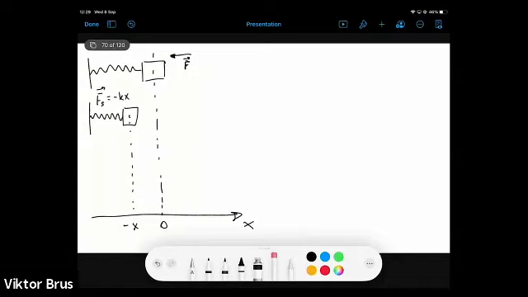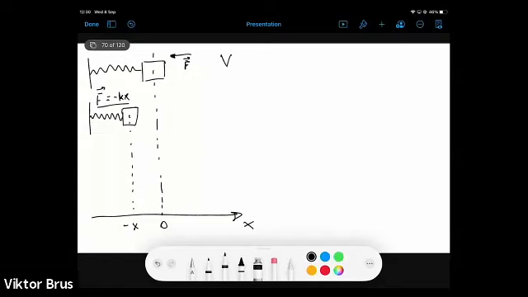And keep in mind that this spring force, kx, is not constant. It changes while the body is moving along axis x.